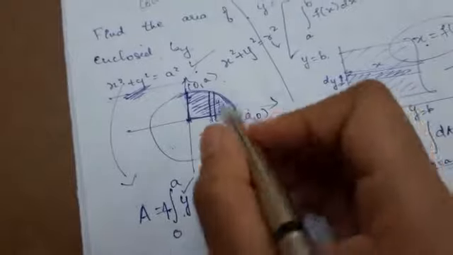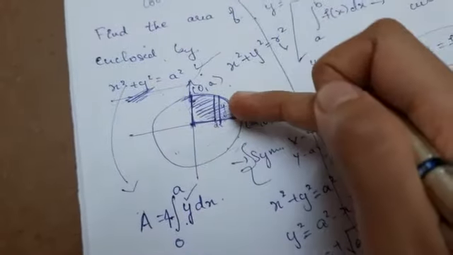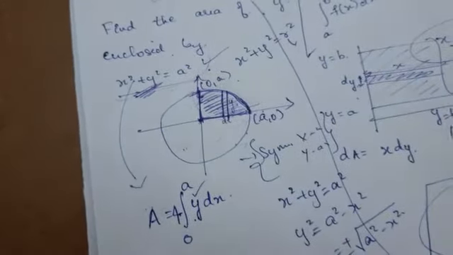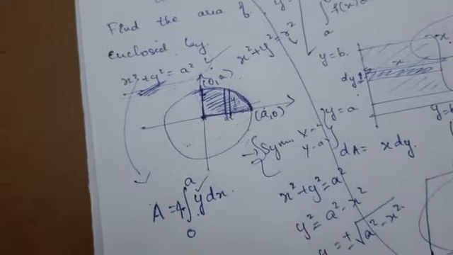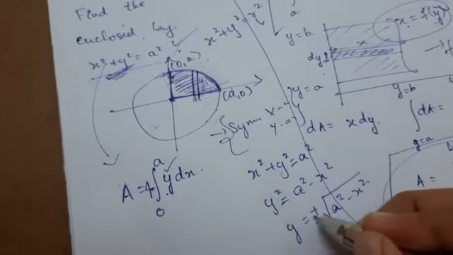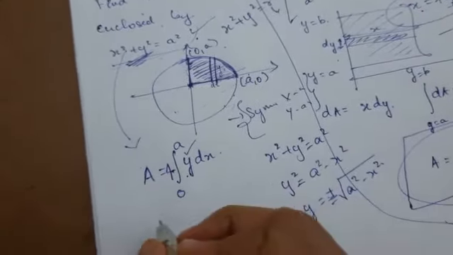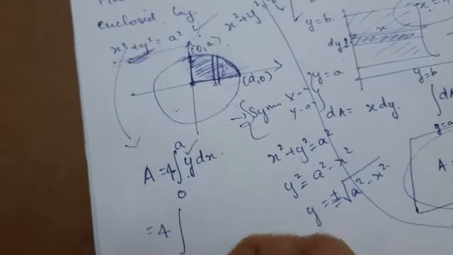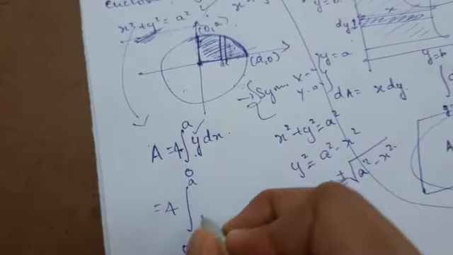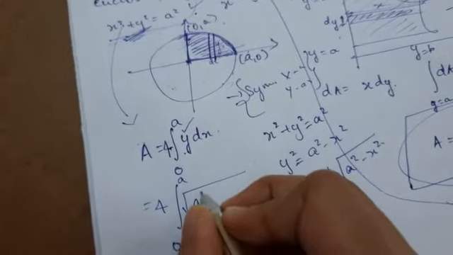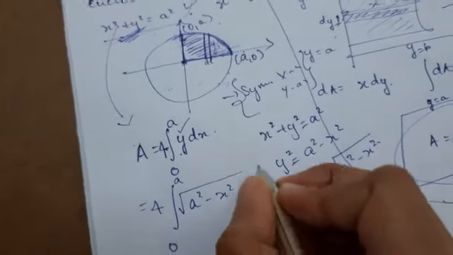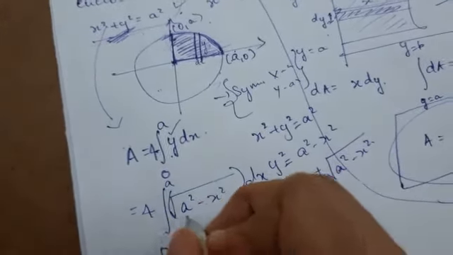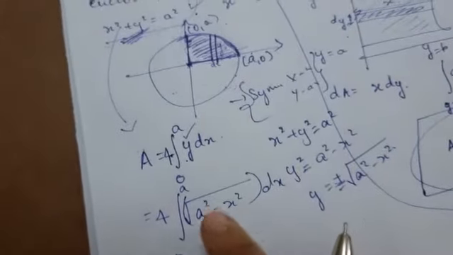So here y, in which quadrant is it lying? It is lying in the first quadrant. So in the first quadrant, x as well as y are both positive, so we are taking only the positive value of y. So 4 into the integral from 0 to a of square root of a square minus x square dx. We know the standard formula of this form.